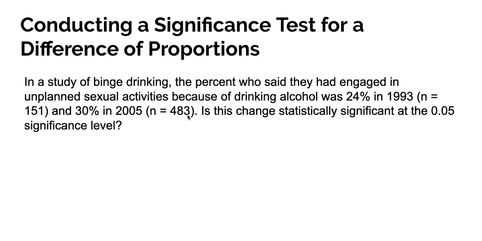What I noticed is that people who engaged in unplanned sexual activity because they were drinking kind of got bigger, like 24% to 30%. Now the thing is, is that statistically significant? That's the question we can use statistics to answer. Is this change statistically significant at the 0.05 significance level?